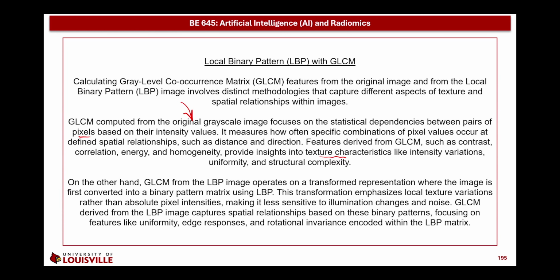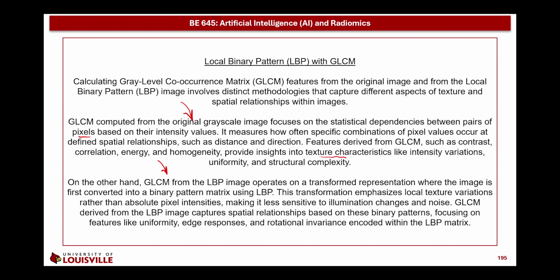While the GLCM obtained from the LBP image operates on a transformed representation, where the image is first converted into a binary pattern matrix using LBP. This transformation emphasizes local texture variation rather than absolute pixel intensities, which in some way is less sensitive to illumination changes and noise.